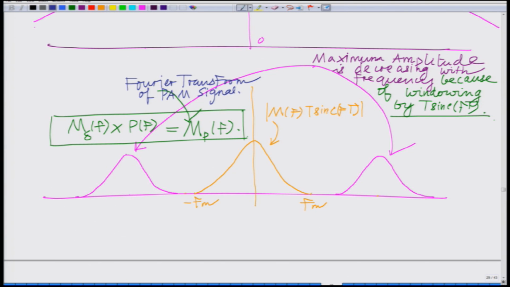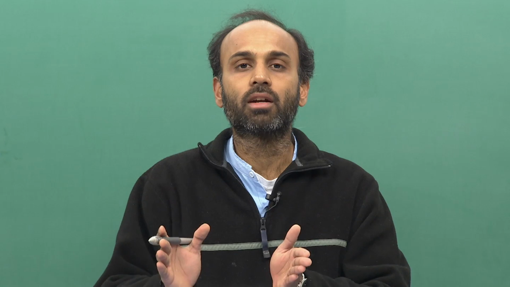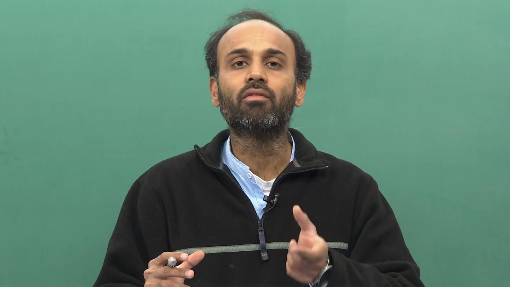Now, obviously, to reconstruct the original signal, we have to isolate the baseband component, or the component around the 0 frequency, the copy of the spectrum around 0 frequency. But now we also have to invert the distortion caused by the windowing by the sinc.